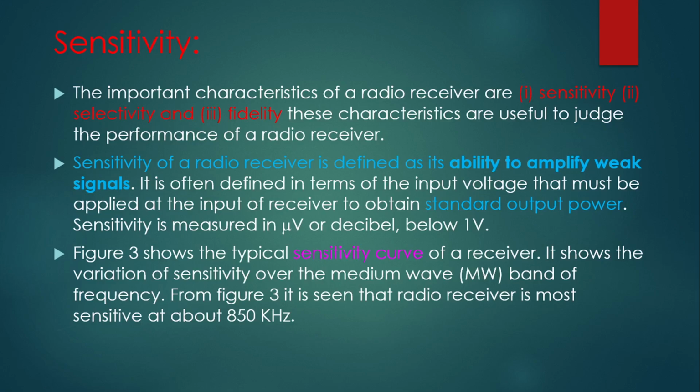These characteristics are useful and helpful in judging the performance of a radio receiver. The first one is sensitivity. What is sensitivity? It is simply the ability of a radio receiver to amplify weak signals. If your radio receiver is more sensitive, it should amplify the weakest signal at the input.